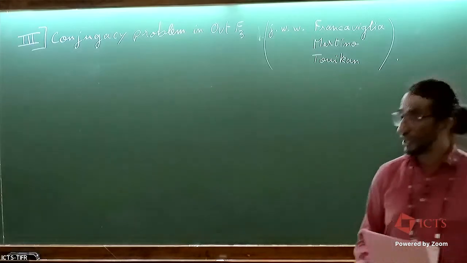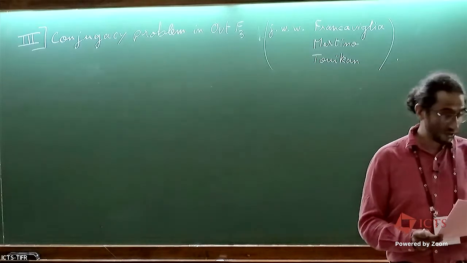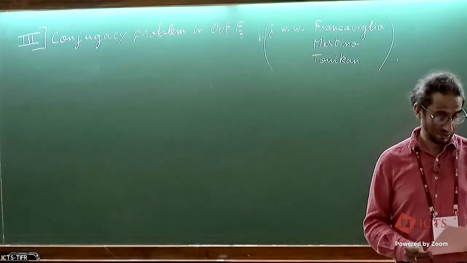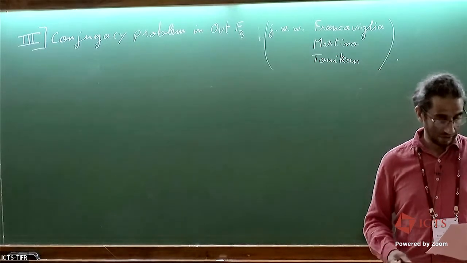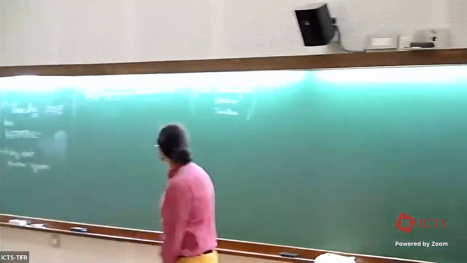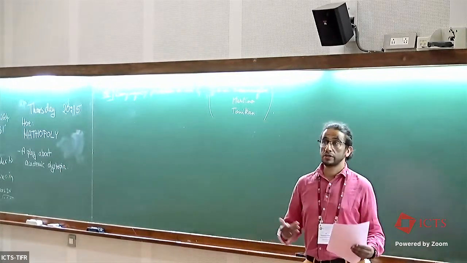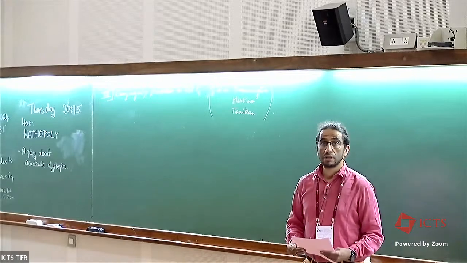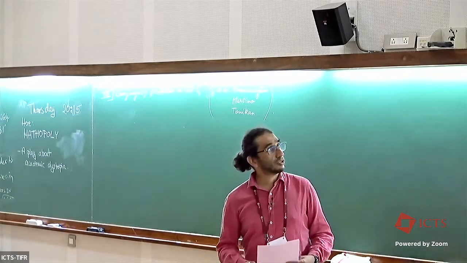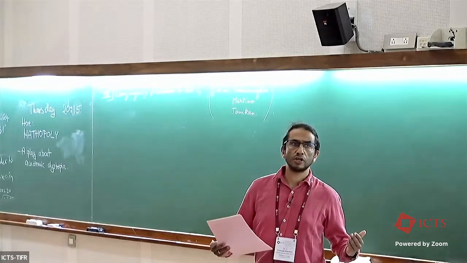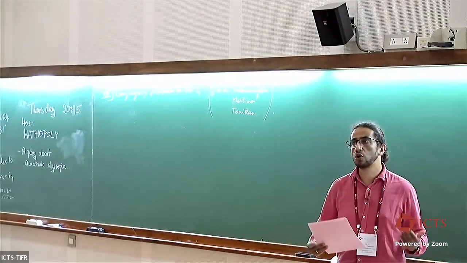So thank you. I resume the last lecture of this mini course. And this is about the conjugacy problem in Out(F3), because in the title that was here before, but it's no longer here, there was mention of automorphisms of free groups of low rank.